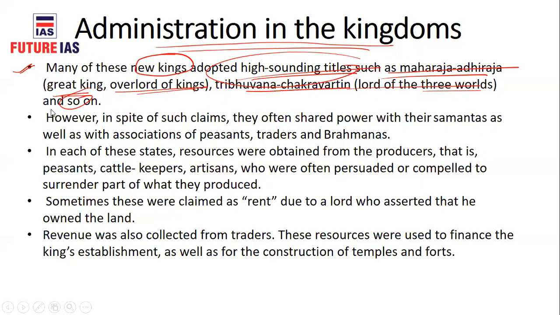So they started using these high sounding titles to show and reflect the power of those kingdoms.